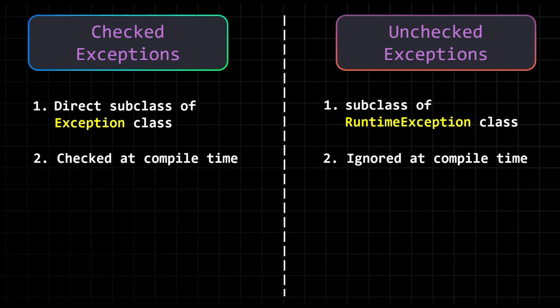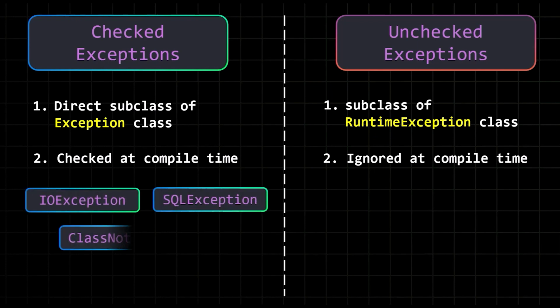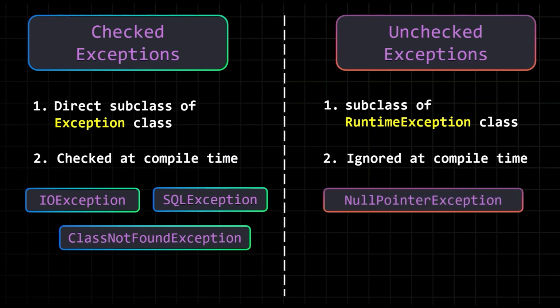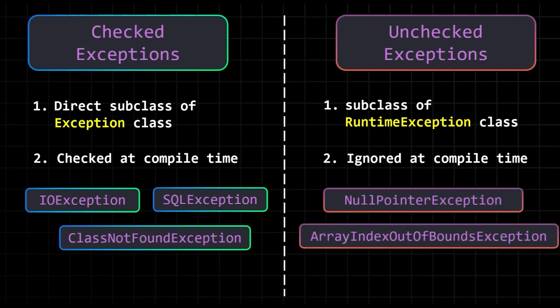Few examples of checked exceptions are IO exception, SQL exception, class not found exceptions, and there are many more. And few examples of unchecked exceptions are null pointer exception, array index out of bound exception, and many more. So now that we know the differences between checked exceptions and unchecked exceptions, let's look at few examples.